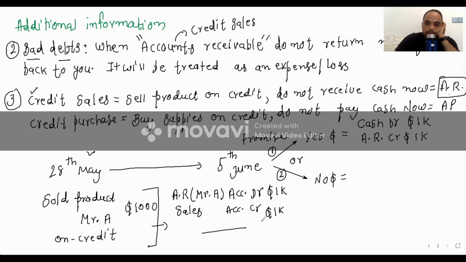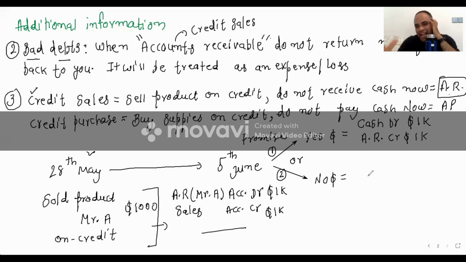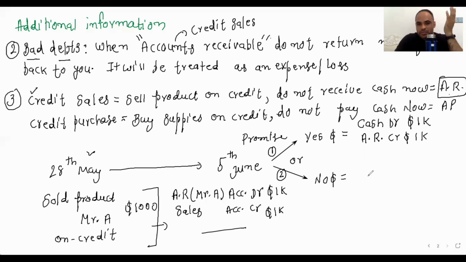Tell me. Bad debts debit, cash credit. Why cash credit? I just said you do not receive cash. Cash credit means cash out, cash reduces. Are you paying money to your bad debts? No, of course not. Are you giving money back to your customer? No. So why cash credit?